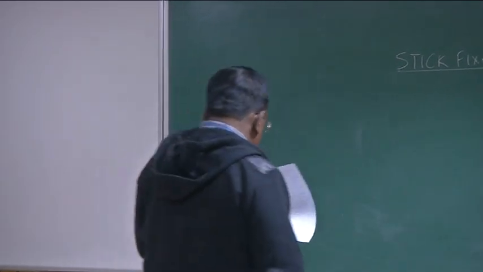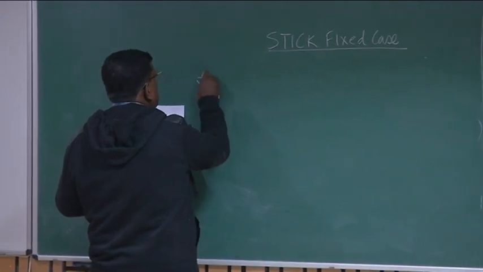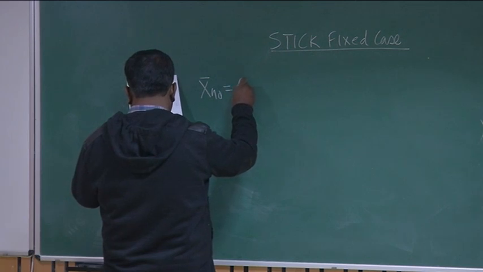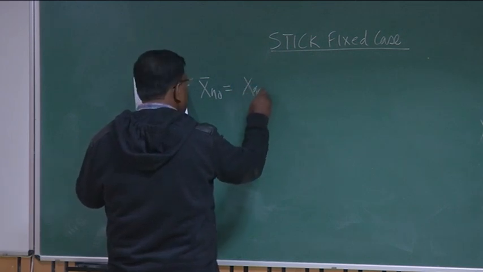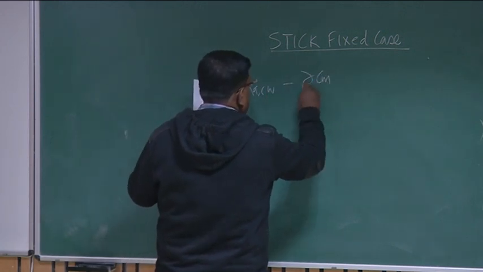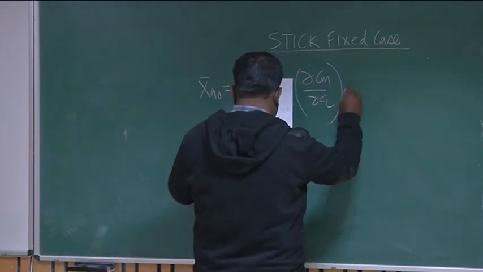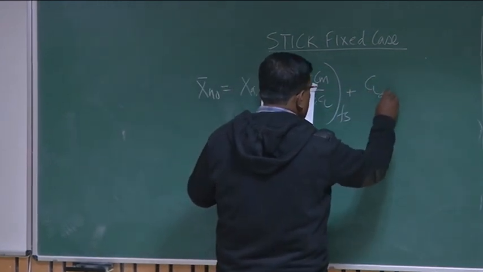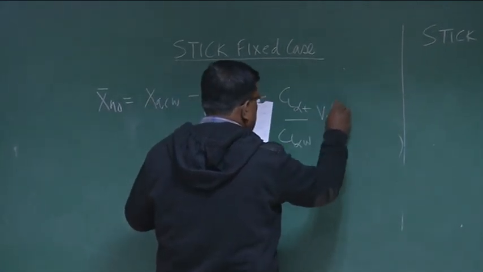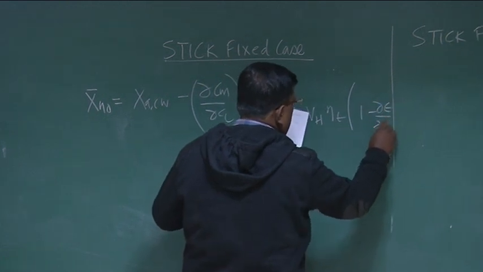So for the neutral point, again I take the stick fixed case. It is XAC wing minus dCm/dCL fuselage plus CL alpha tail by CL alpha wing VH eta T (1 minus d epsilon by d alpha).